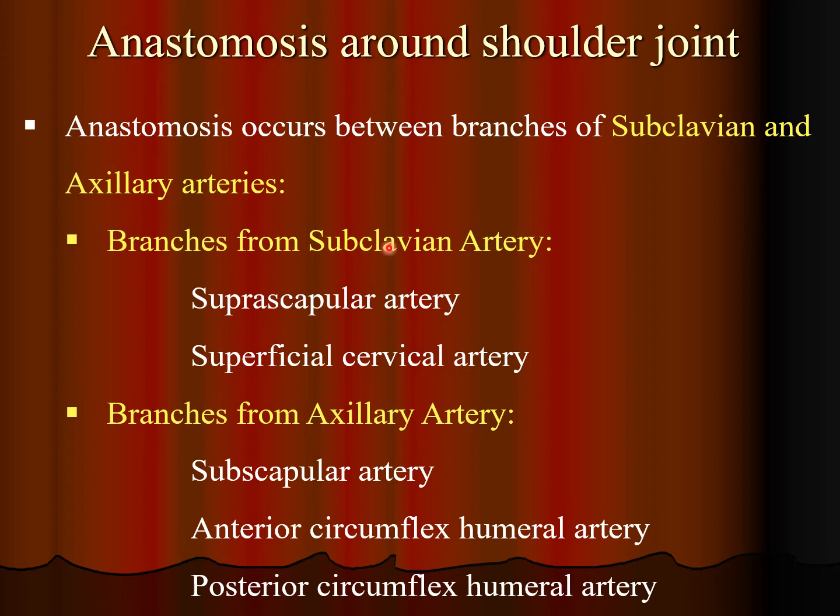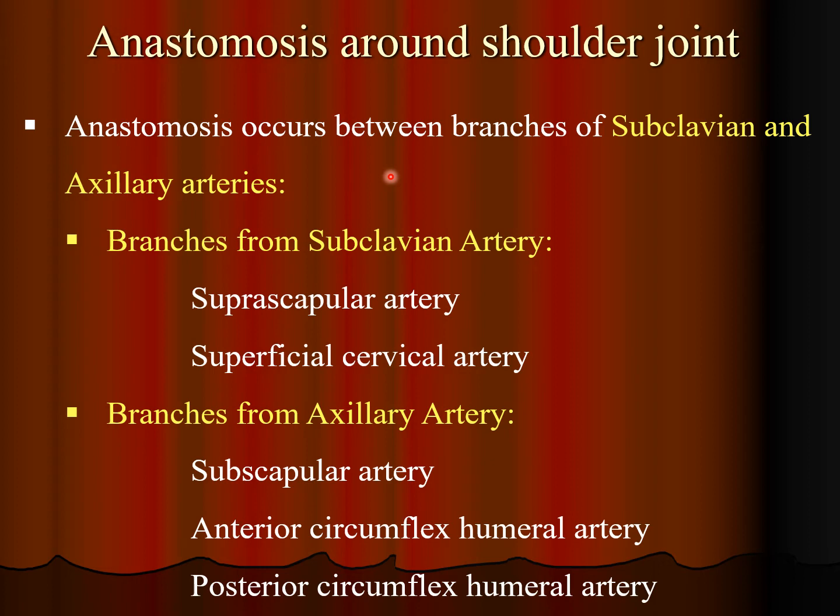By the help of these anastomotic or collateral channels, we have an extra pathway. If one artery is blocked, blood can still reach the area through the other pathway. That's why anastomosis is important.